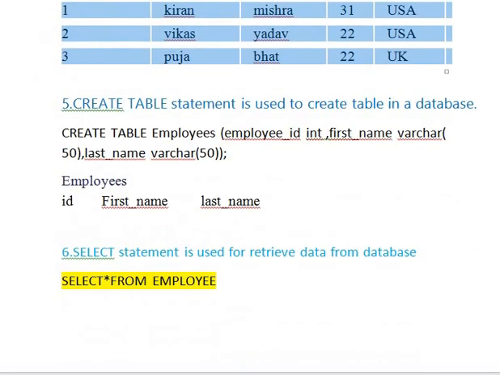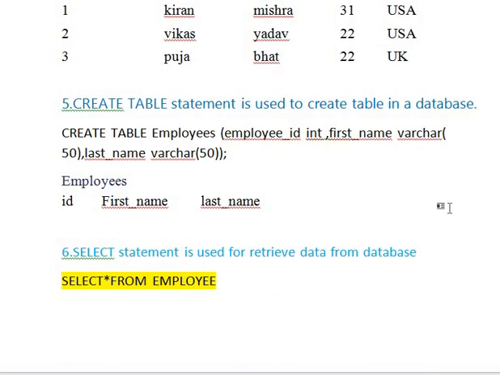Then I am going to explain what CREATE TABLE is. The CREATE TABLE statement is used to create a table in the database. I am giving the SQL CREATE statement query. So CREATE TABLE employee means the employee table. So employee_ID, comma, INT means integer.